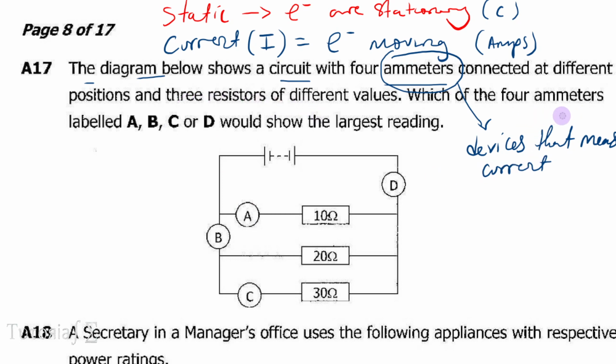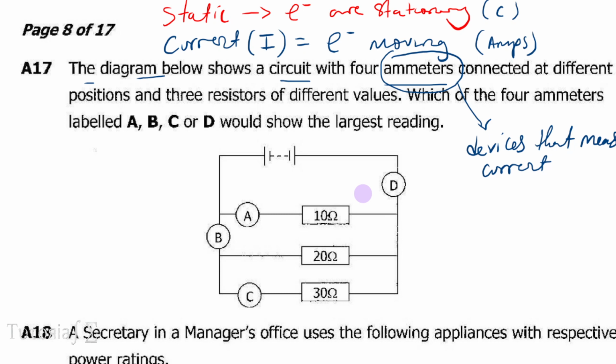Which of the 4 labeled A, B, C, or D ammeters will show the largest reading?